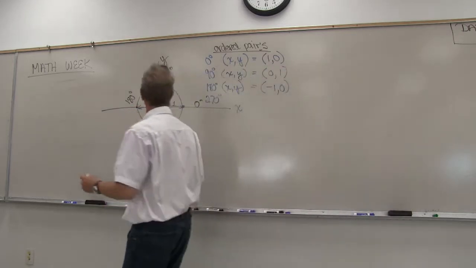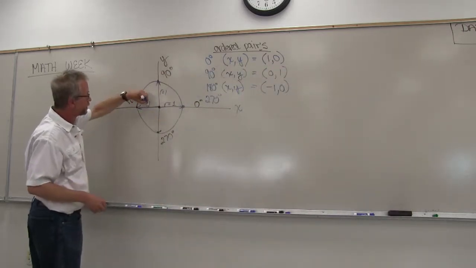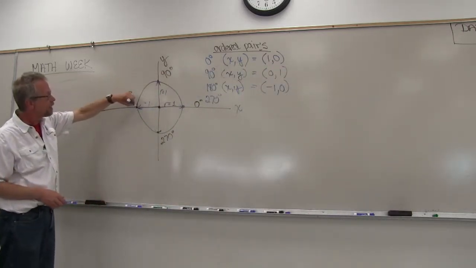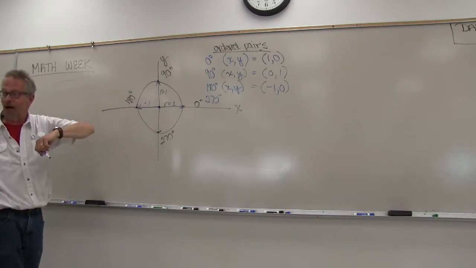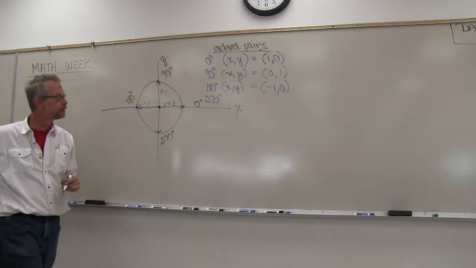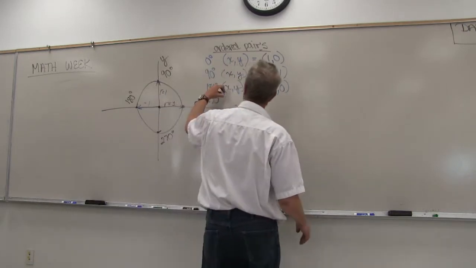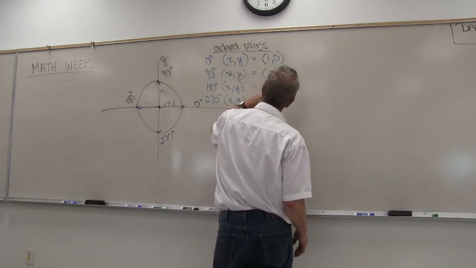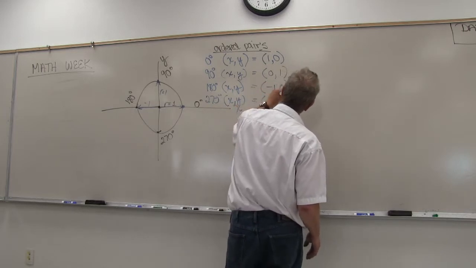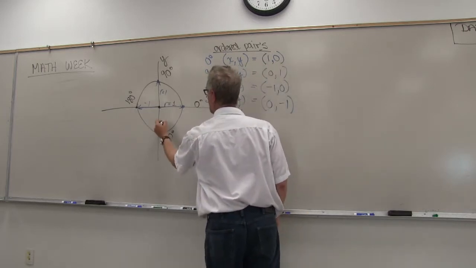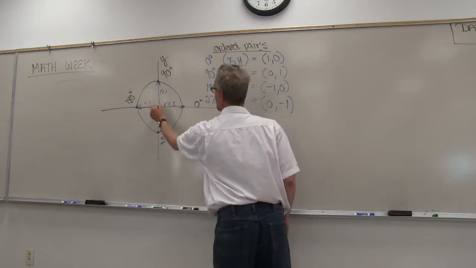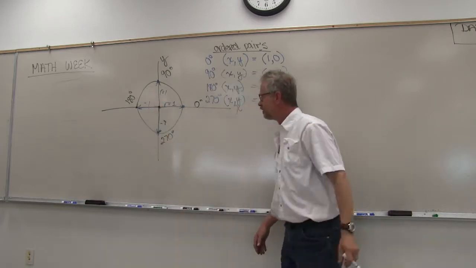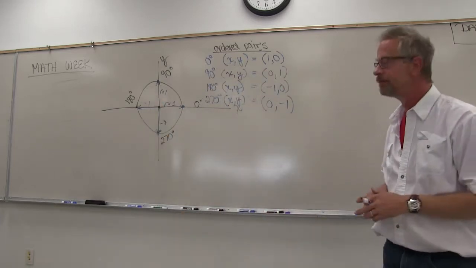We went back 1 from our origin, -1. And we're on the x-axis, so the y is equal to 0. And at 270, using the same format and the same idea, we should have 0, comma, -1. 0 in the x direction, 1 down in the y direction.